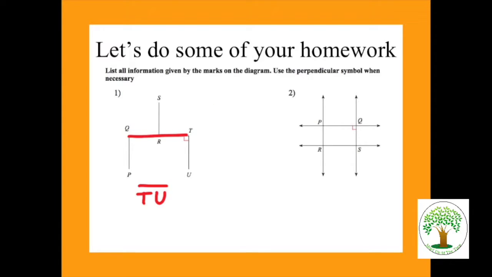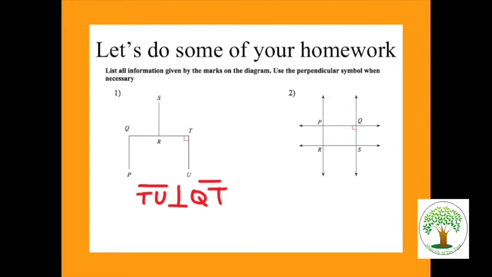It doesn't matter. You write whatever you want on your paper. I'm going to do QT. Now, the symbol for perpendicular looks like this. It's an upside down capital T. Because mathematicians love to abbreviate, this sentence says TU is perpendicular to QT.